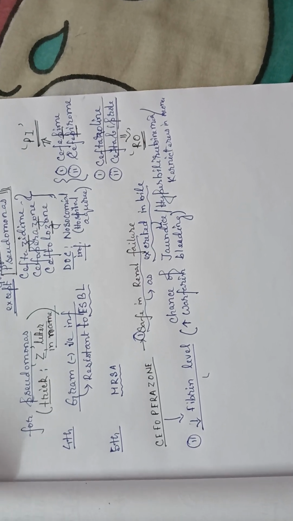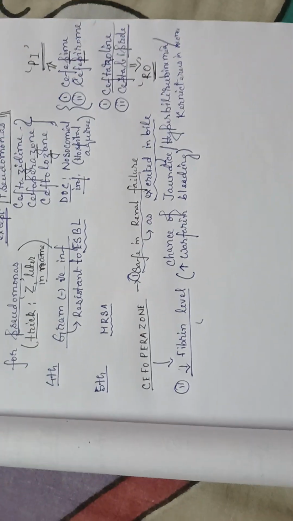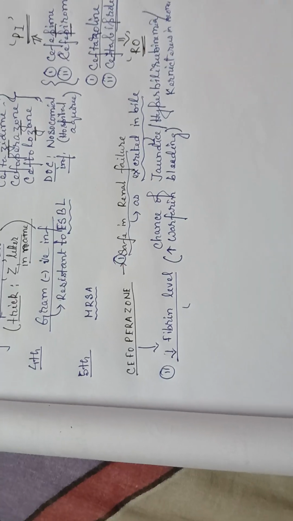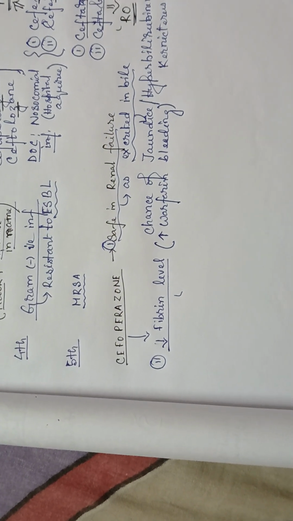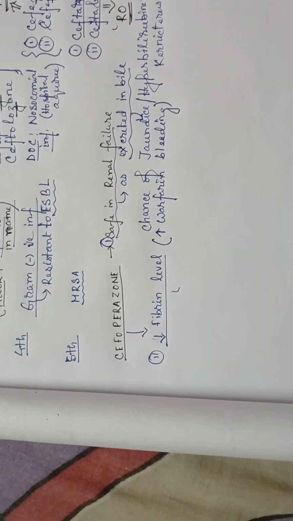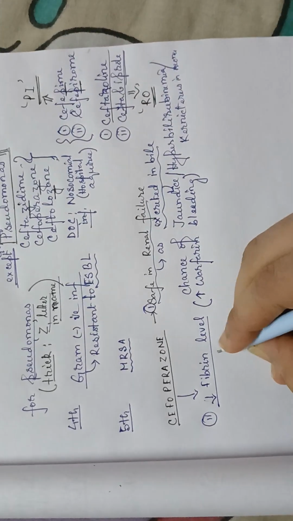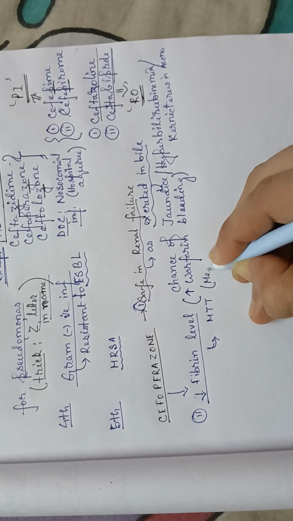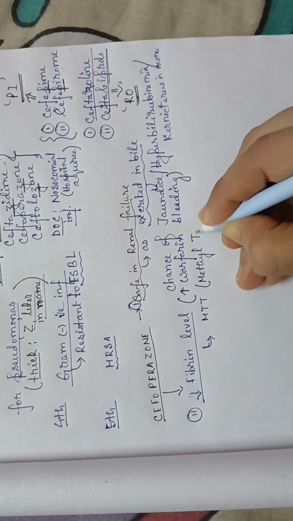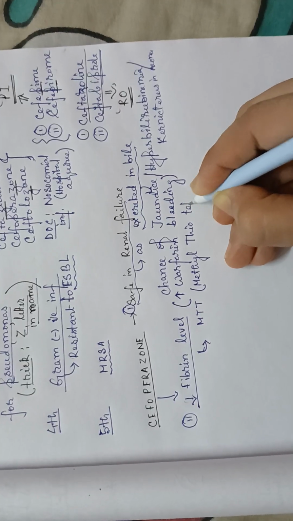Though we do not have to remember it, for MCQs it is sometimes asked why it shows reduction in fibrin level. It is due to the MTT ring. I am going to write the name, MTT, methyl thiotetrazole.